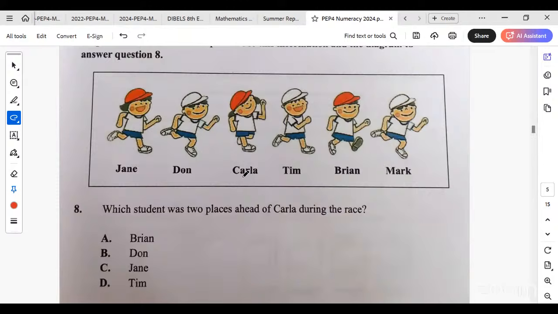So here's Carla. Remember that Mark is in first place, so we are looking in this direction. So Carla is basically 4th in this race. So who is 2 places ahead of Carla? That would be Brian. So the correct answer would be A.